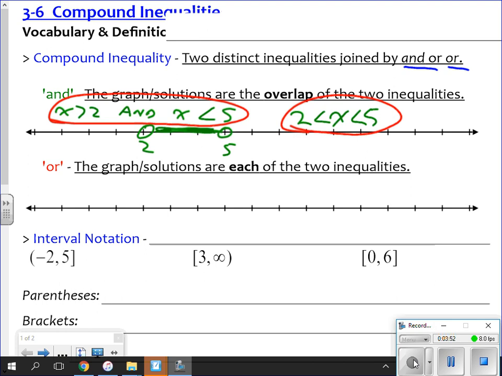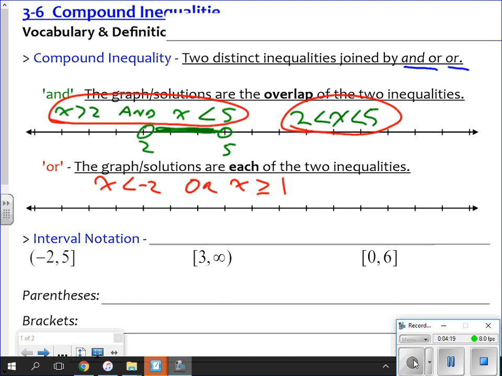And your or graphs are never combined into one. So when you have an or graph, for example, you would have something like x is less than -2, or x is greater than or equal to 1. Okay. One of those two situations.